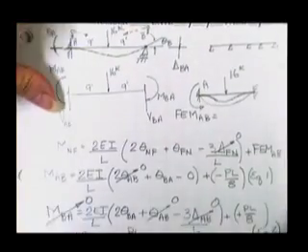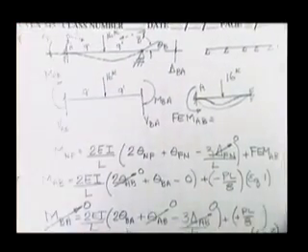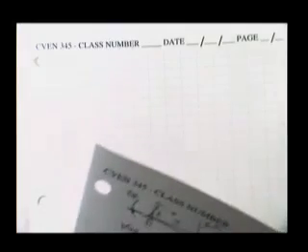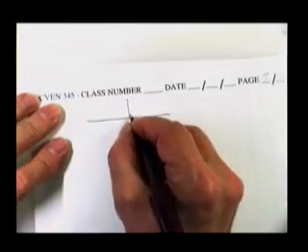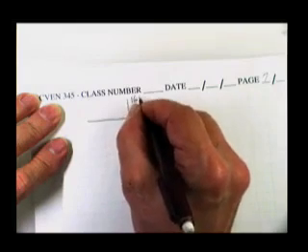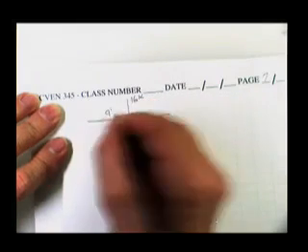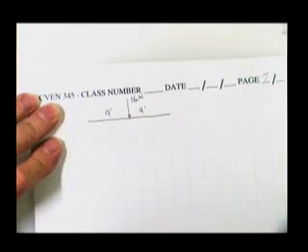All right. Now then, here's what your beam looks like. Your beam has a 16 kip load on it, 9 feet, 9 feet.